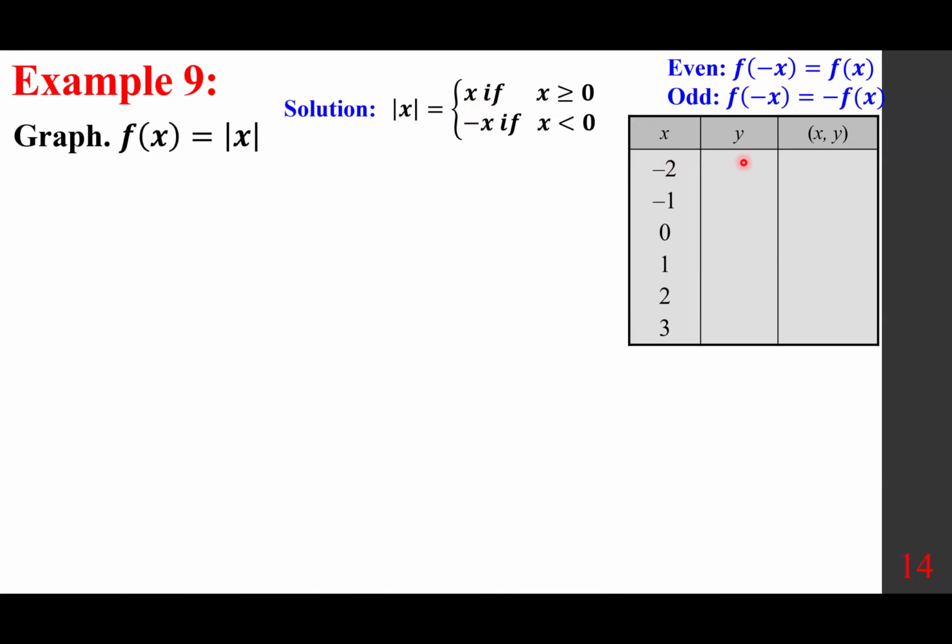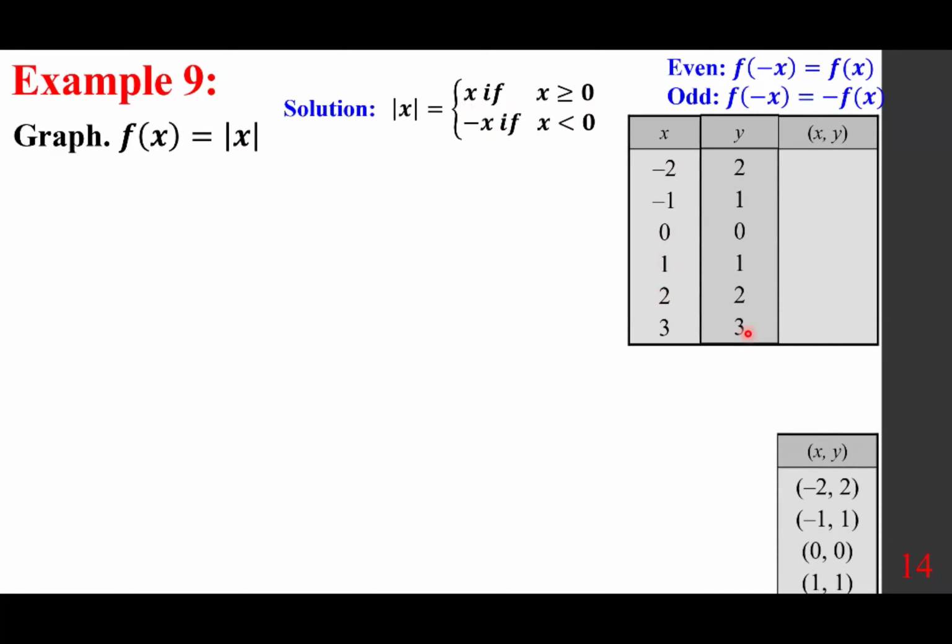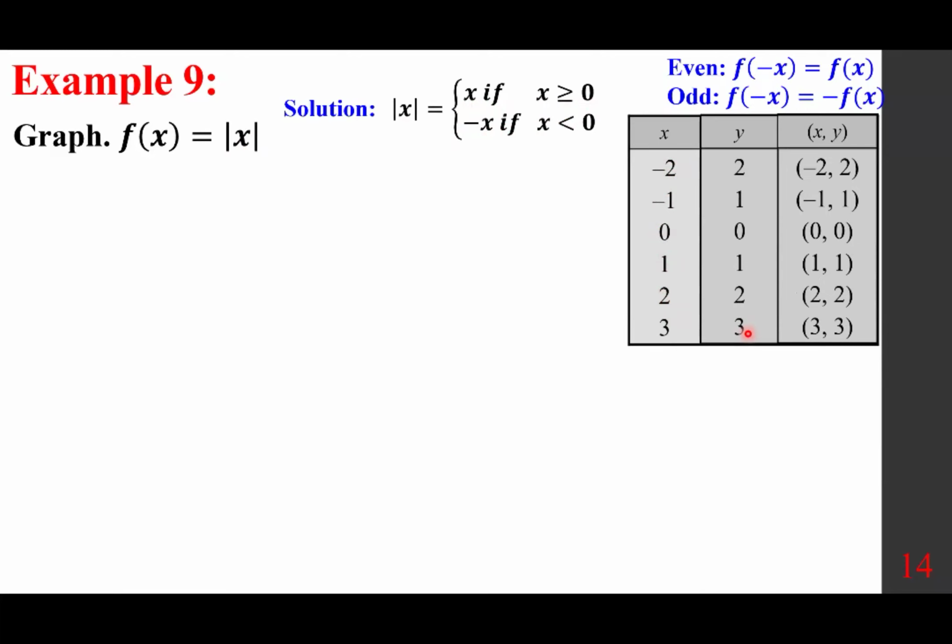So negative 2 gives you 2, negative 1 gives you 1, 0 is 0, 1 is 1, 2 is 2, 3 is 3. And those are the pairs. If you graph this, it will look like a V shape, everybody. Looks like a V shape.